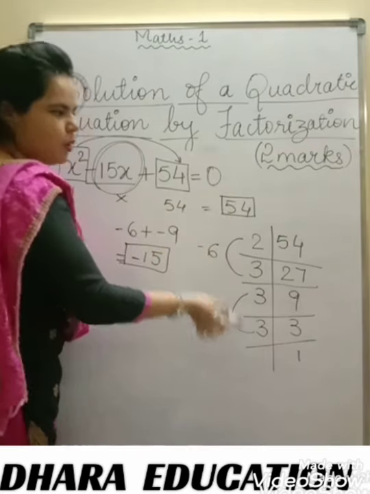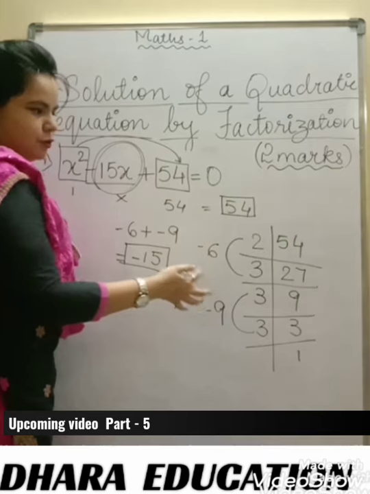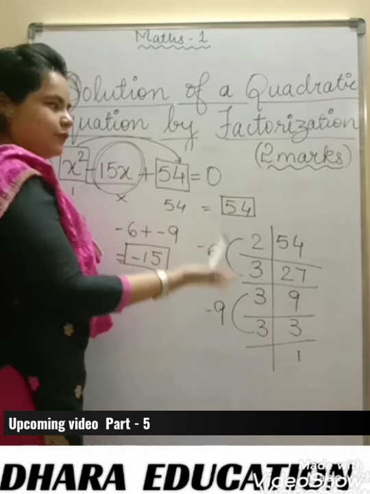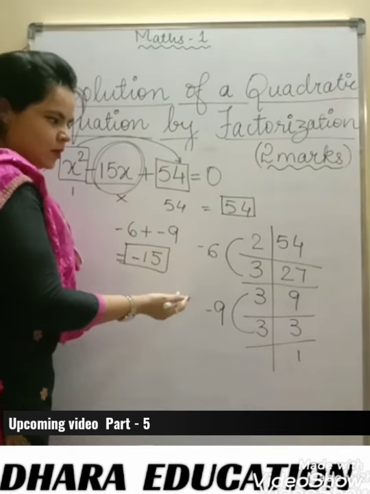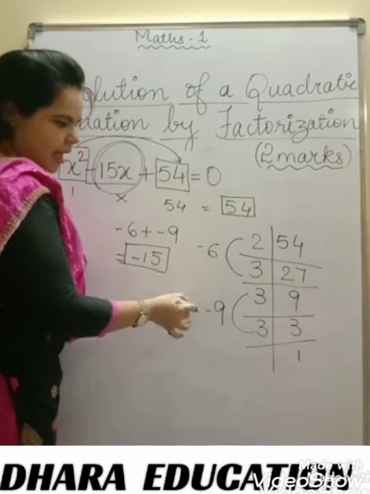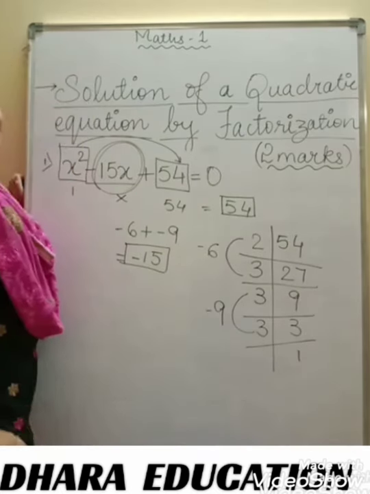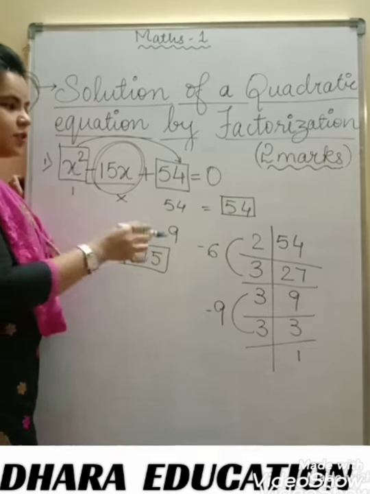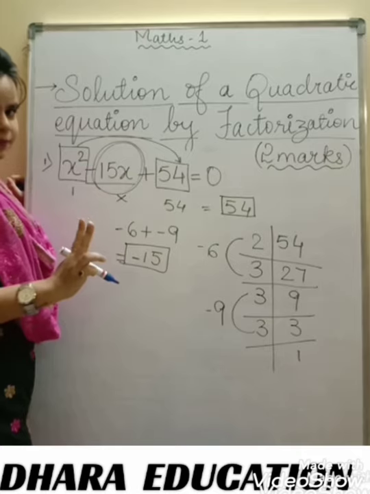Here I have shown you how to do the factorization, how I identified the factors of 54. So if I take minus 6 and minus 9 together, it will be minus 15. This is the second most important thing in the sum.